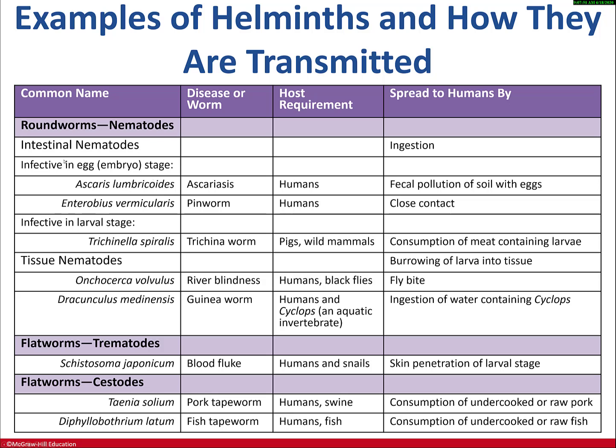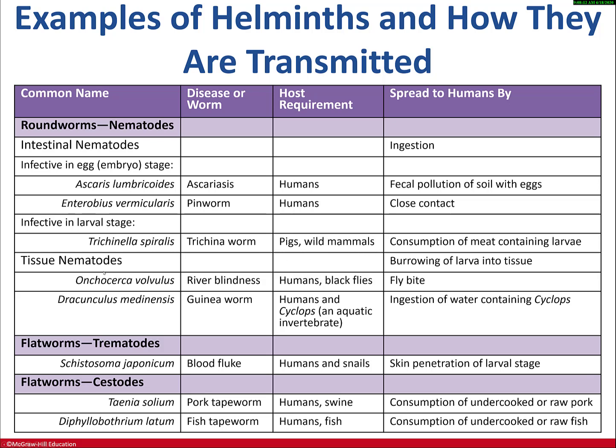Let's say roundworms, Trichinella. This is the Trichinella worm. The Bible made reference to trichinosis, not eating pork, and this is the particular organism. It gets in there and it makes these cysts.